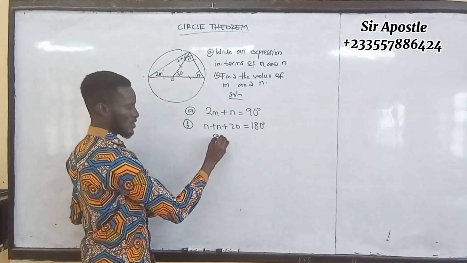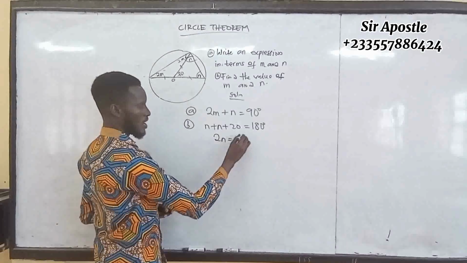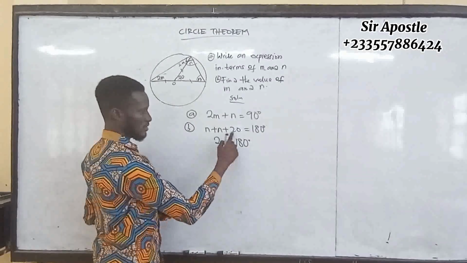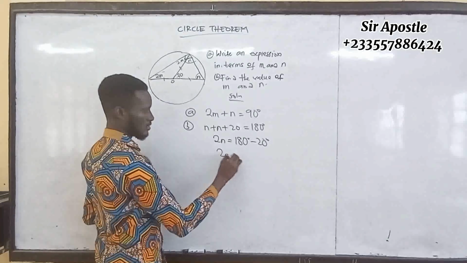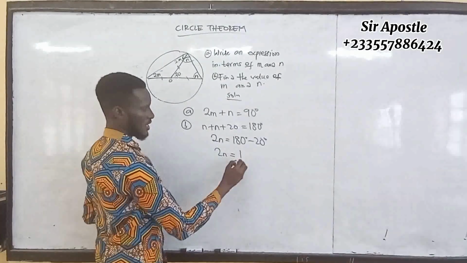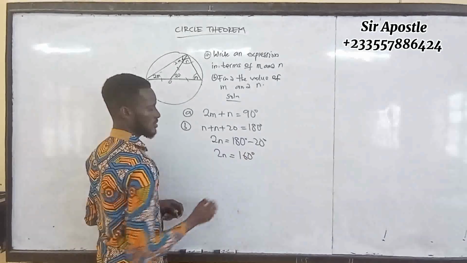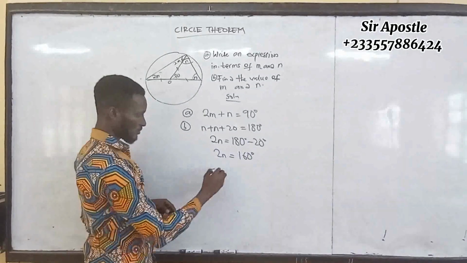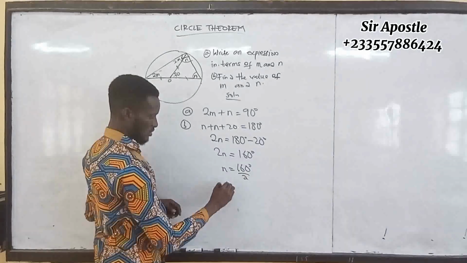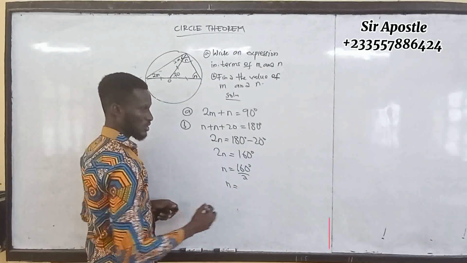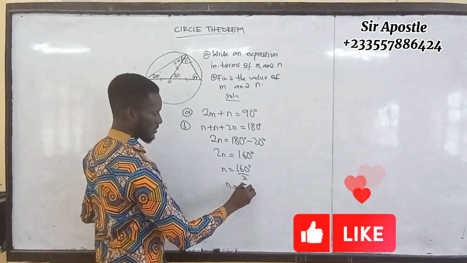So n plus n will give us 2n, equals 180 degrees minus 20 degrees. So we're going to have 2n is equal to 160 degrees. We divide both sides by 2. It will be 80 degrees.